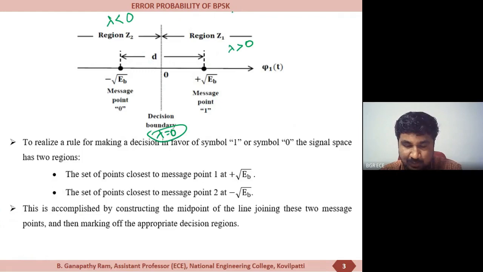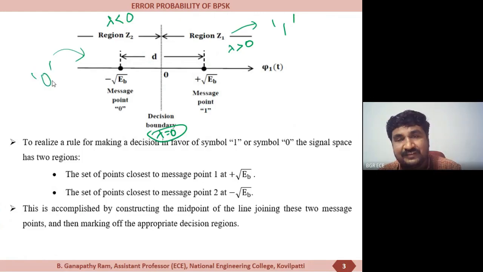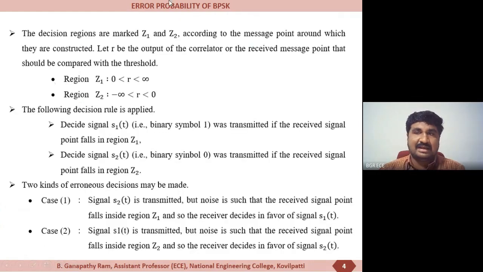The region Z1 is the location for deciding in favor of 1, and region Z2 is the region for the received binary information to decide in favor of the binary information 0. Region Z1 extends from 0 to infinity. Region Z2 extends from minus infinity to 0.